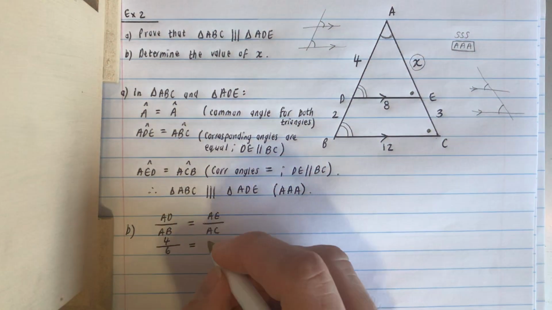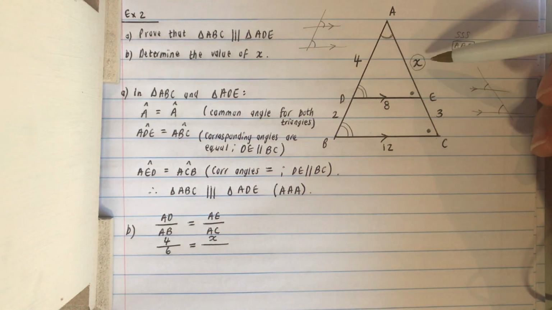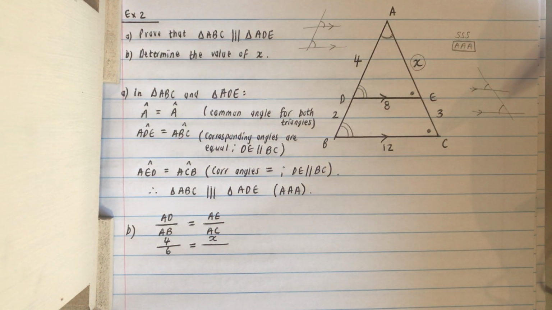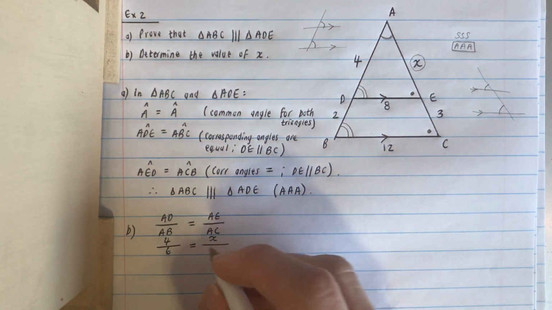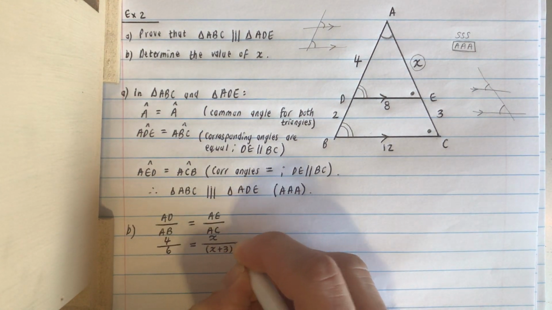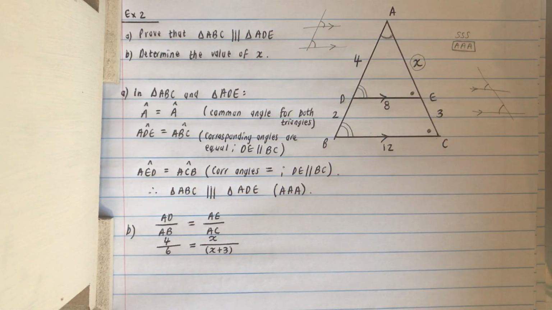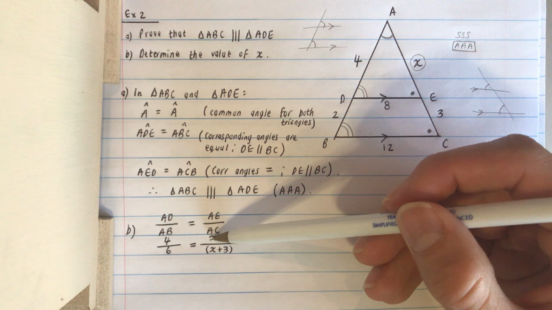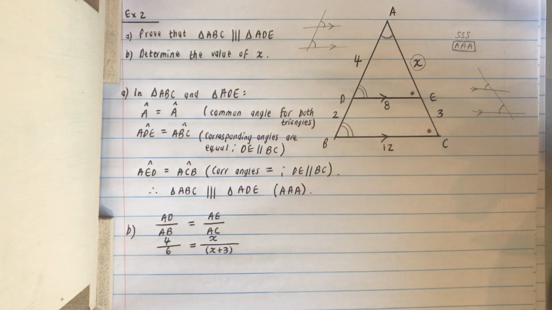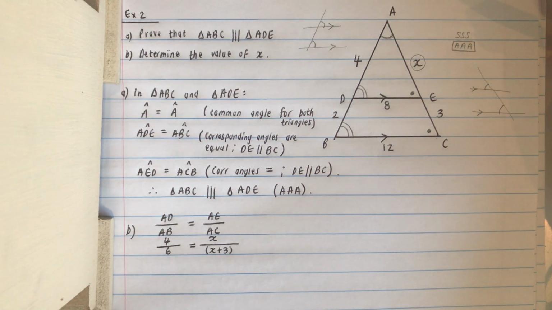AE is the x, and then AC is x plus 3. In this case it didn't really help to make the numerator x, because in the denominator we also have x plus 3, because it's the total length here. So anyways, it doesn't really matter now.